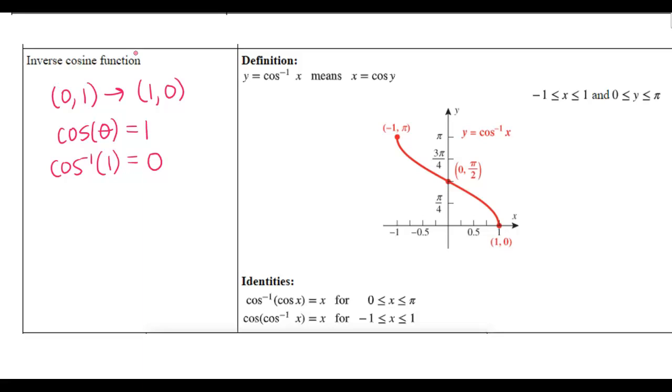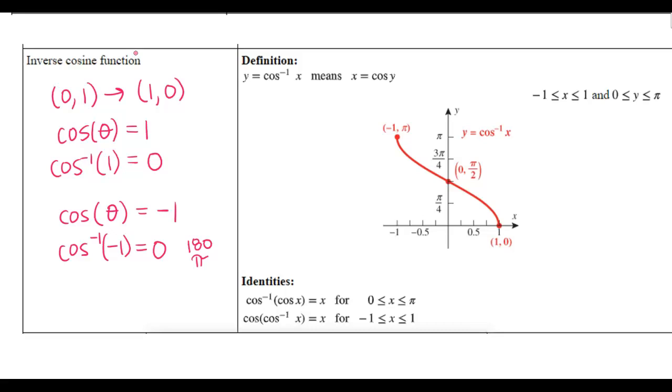Okay, similarly, if we thought about the cosine of theta equals negative 1, and we took the inverse cosine of that, we think about, where does the cosine equal a negative 1? So where does x equal negative 1? And that would be on the unit circle at 0, okay, which would also be 180 and pi.